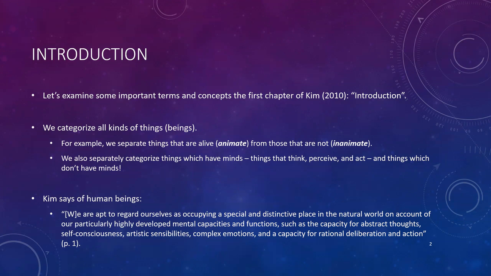And of all the things that have minds, we tend to think of ourselves in a sort of privileged way, right? Kim writes on the very first page that we are apt to regard ourselves as occupying a special and distinctive place in the natural world on account of our particularly highly developed mental capacities and functions, such as the capacity for abstract thoughts, self-consciousness, artistic sensibilities, complex emotions, and a capacity for rational deliberation and action.